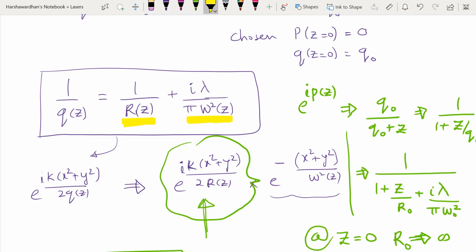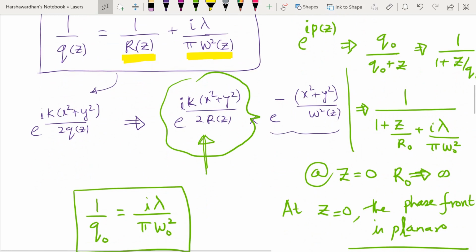You can clearly see, if I plug this q of z into this exponential, the complex Gaussian phase factor, I will quickly get two terms.